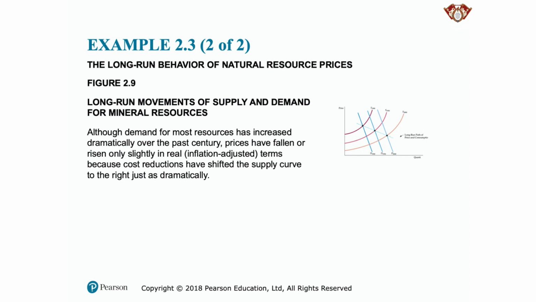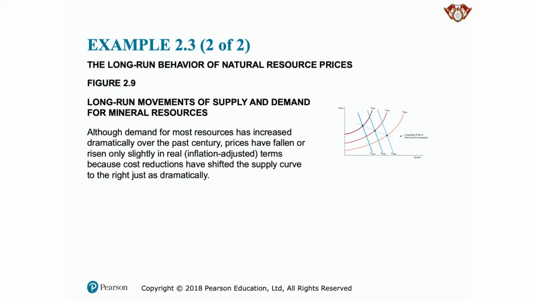The long-term behavior of natural resource prices. Long-term movements of supply and demand for mineral resources, natural resources, right? We know that demand increases gradually, but the supply curve also shifts to the right gradually. Because of this, prices actually decrease, right? Although demand for most resources has increased dramatically over the past century, a shift in demand usually leading to an increase in price, that doesn't happen.